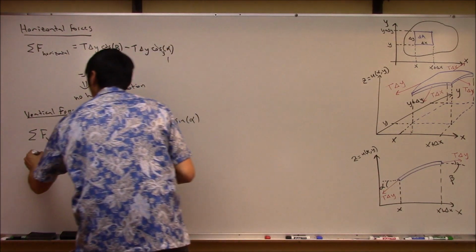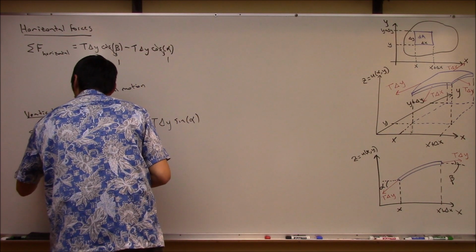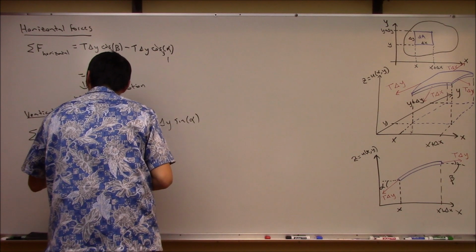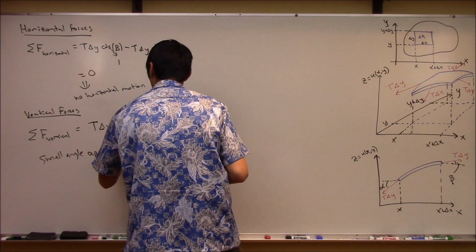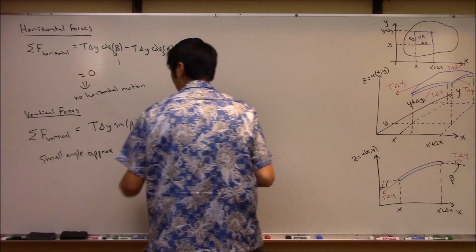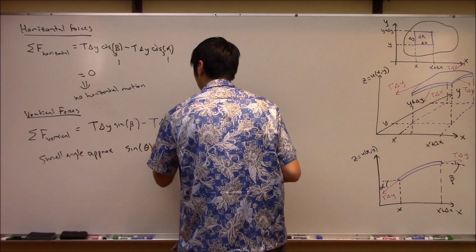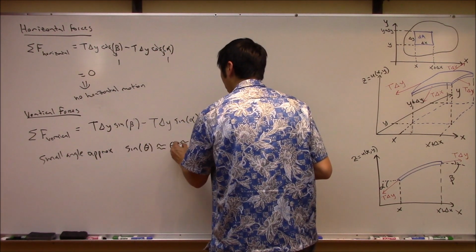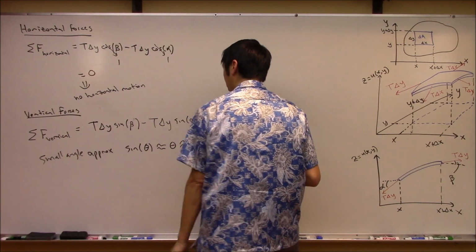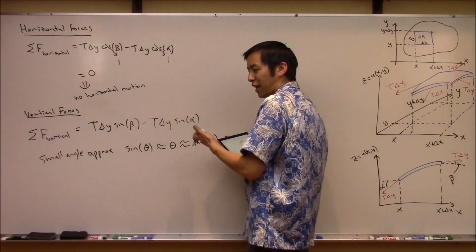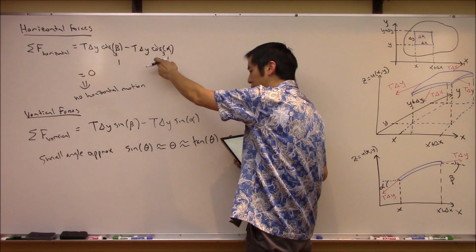And now let's go ahead and use our small angle approximation again, which basically said if you had sine of some small angle, let's call it theta, didn't we say that's effectively theta? Or the more useful way to look at this is effectively tangent of theta, because tangent is just sine over cosine, and we said earlier cosine was just 1.